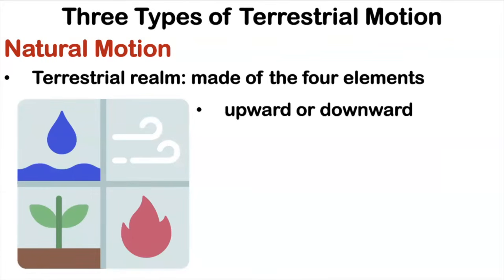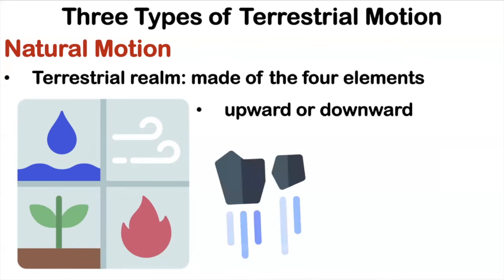So for example, the natural state of objects made of earth or rocks was in the geosphere. If a rock, an object made of earth or soil, was thrown upward, its tendency is to go back to its natural state. Therefore, it would move downward, going back to the earth, towards the Earth's center.